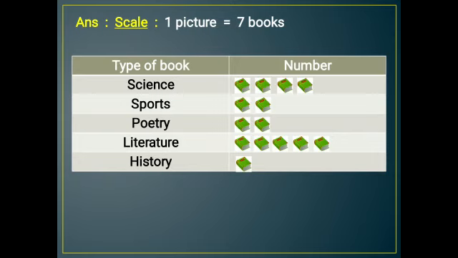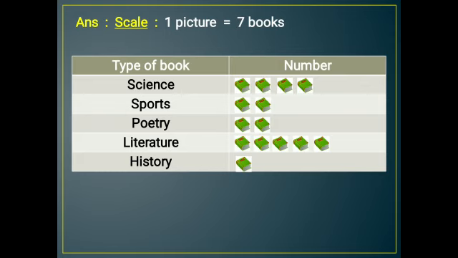So type of book: science, sports, poetry, literature, history, and number. Here science, how many books are there? 28. So 28 goes in 7's table, that is 7 fours are 28. So we will draw 4 pictures of the books.